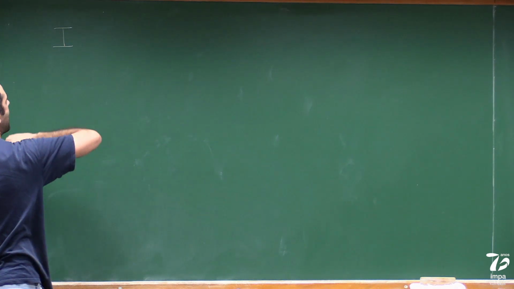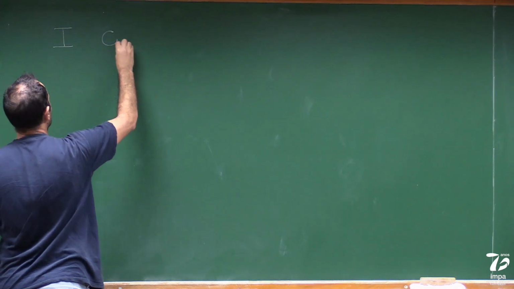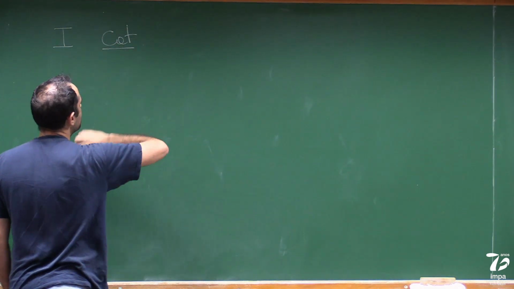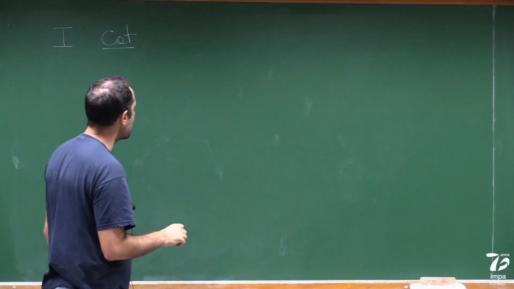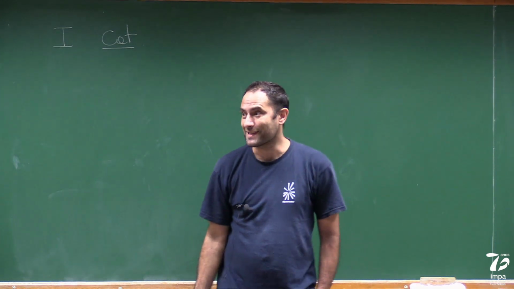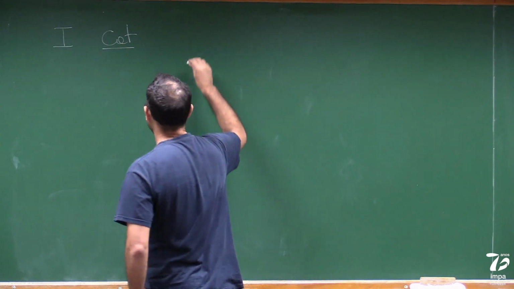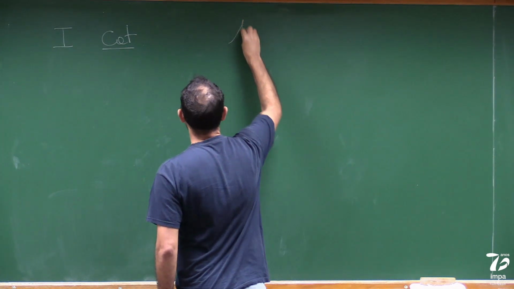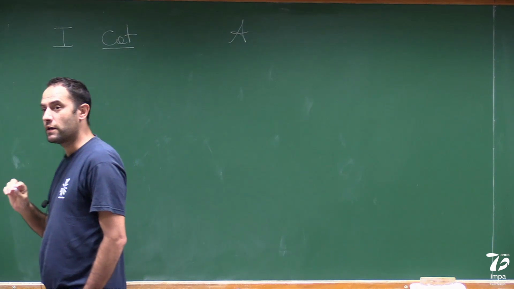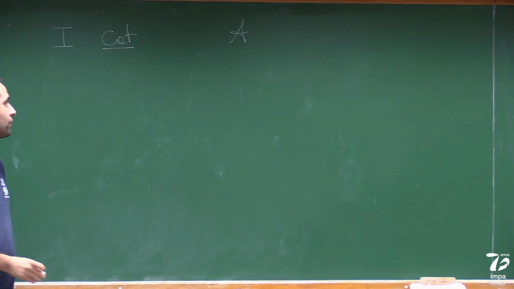So if you have a category I, there is always going to be a small category in everything I care about, so these objects are going to form a set. And you have another category A that is always going to be abelian in all the examples that I care about today.